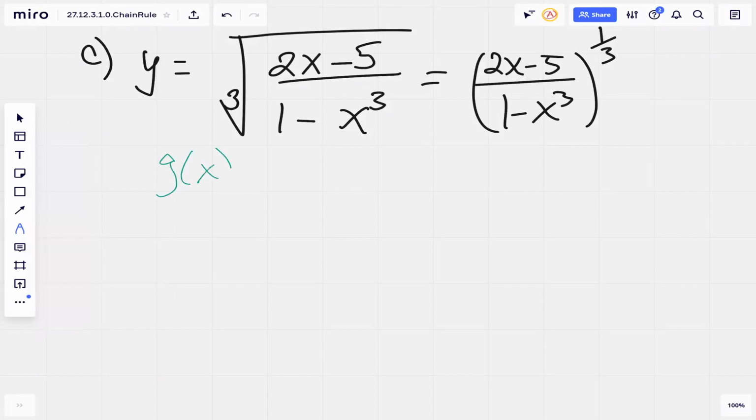g is x to the power 1 over 3, and h is everything under the root sign, 2x minus 5 over 1 minus x cubed.